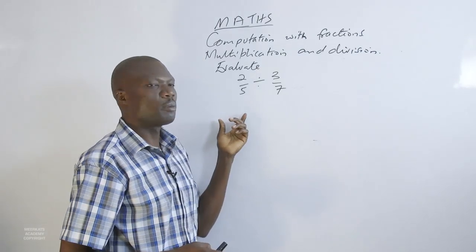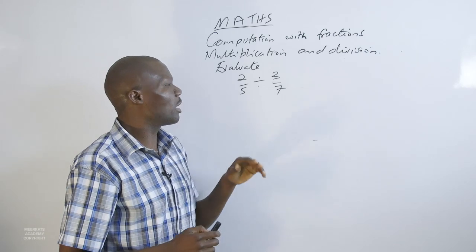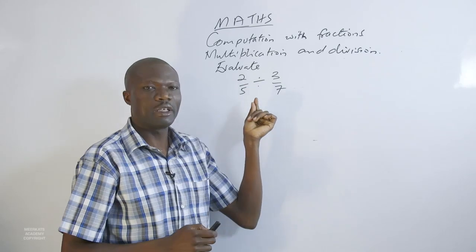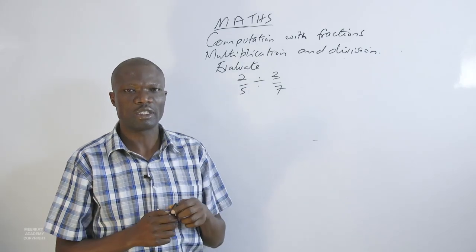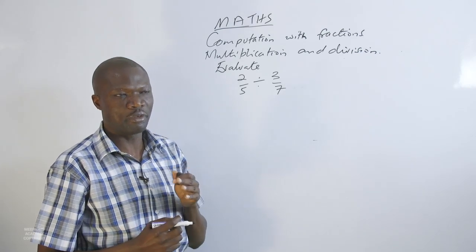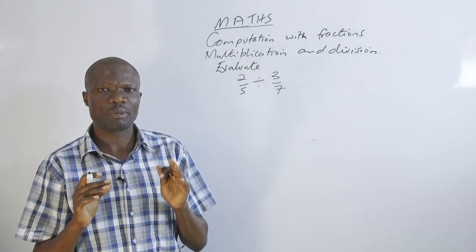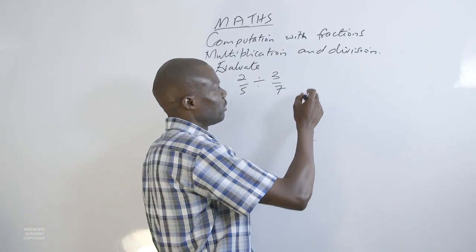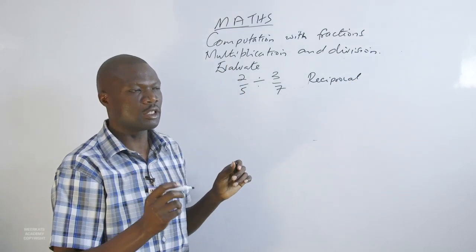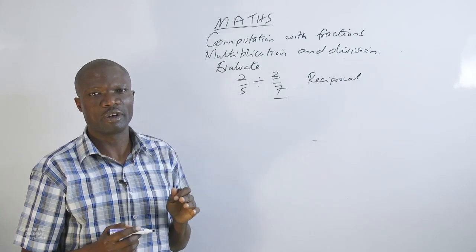Now, the second part, I want us to deal with division, and we have to evaluate 2 over 5 divided by 3 over 7. We saw in our previous lesson that dividing fractions is the same as multiplying by the reciprocal. So I'll ask you, what is the reciprocal of 3 over 7?